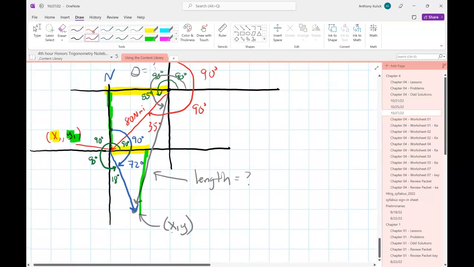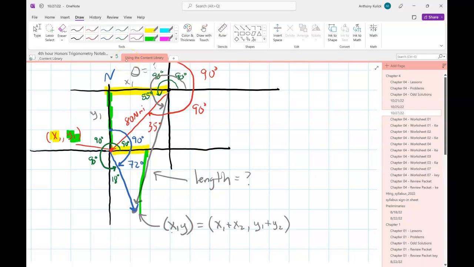So this then, xy would really be like x1 plus x2, y1 plus y2, where this is like x1, that's like y1, this is like x2, and that's like y2. Everybody okay there?